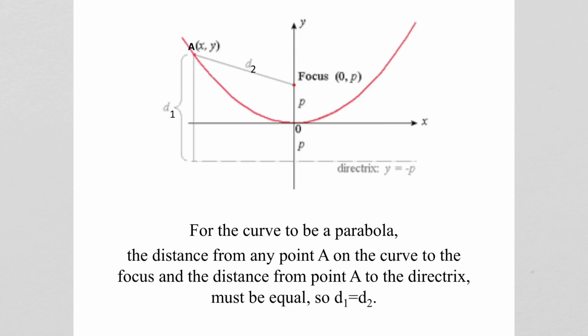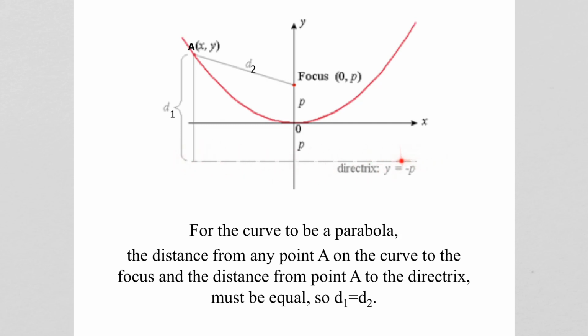Which brings us to a parabola. And if I stop anywhere along this parabola, what relationships can I state? Well, if I stop here at point A, and I find the distance between A and the focus point inside of the parabola, so there is one focus point inside of my parabola, I take this distance, which we call D2, and compare it to this distance here, which is the distance from the point to this line called a directrix.